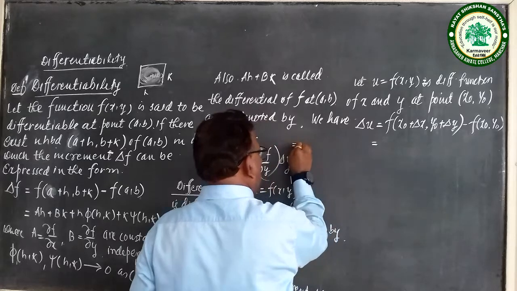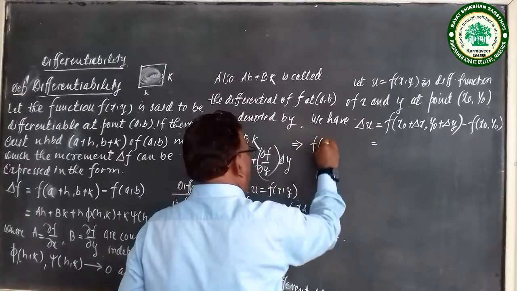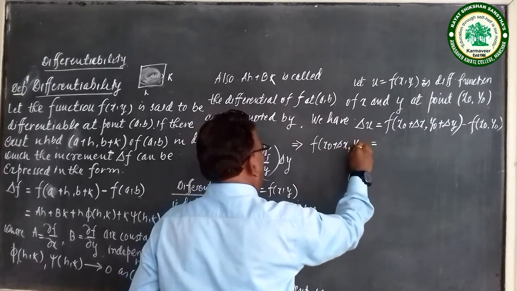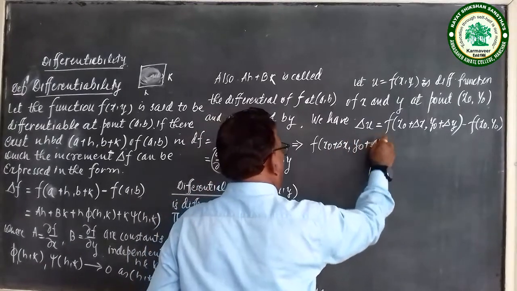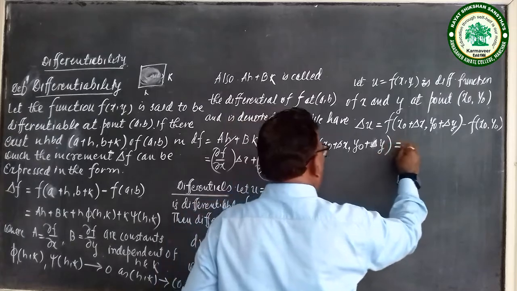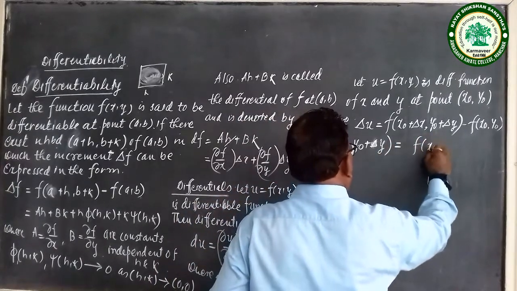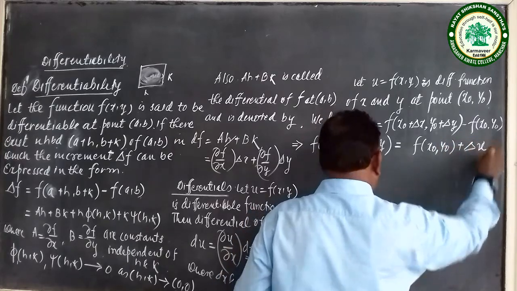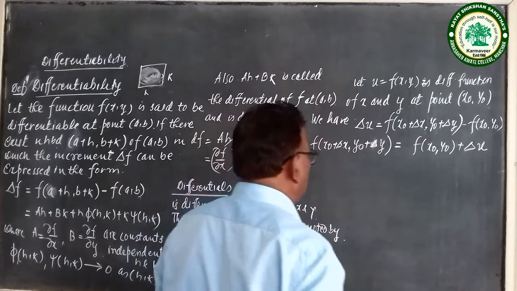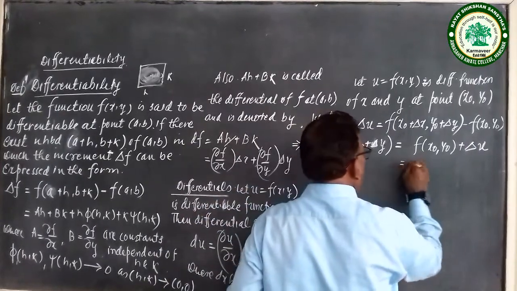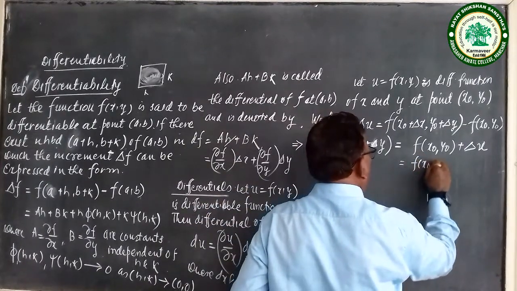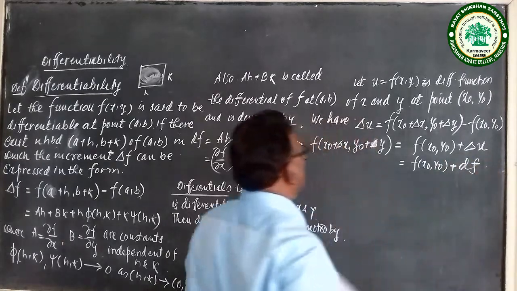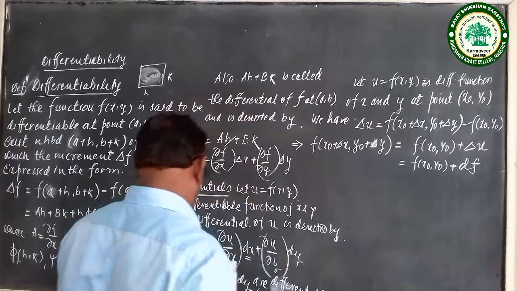This implies that f(x naught plus delta x, y naught plus delta y) is equal to f(x naught, y naught) plus delta u, that is du, which can also be written as f(x naught, y naught) plus df.